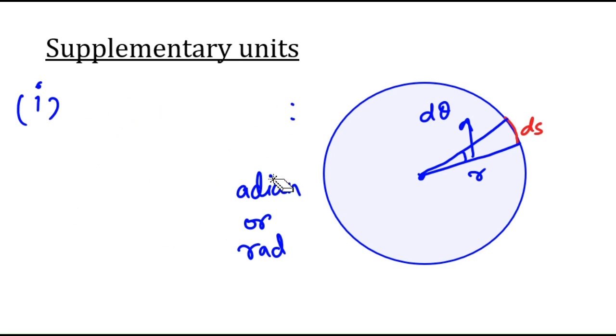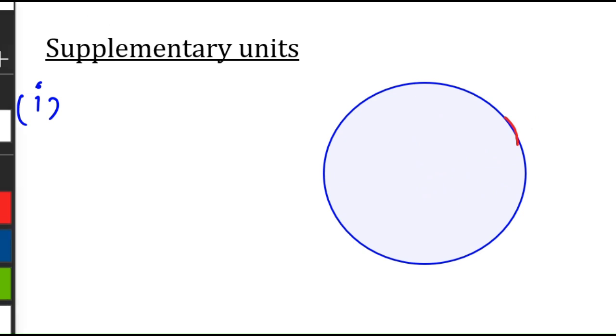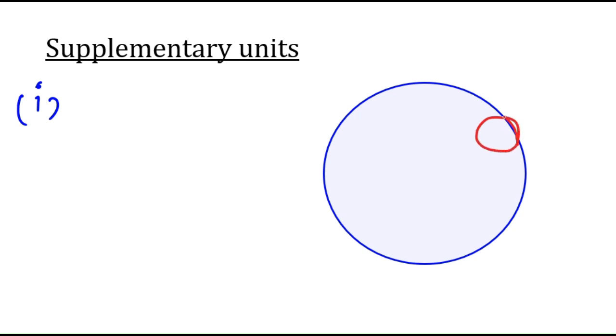In the same way, we have another supplementary unit which we call solid angle. For solid angle, let's consider this structure to be a sphere. We can take a small area on its surface, and the angle subtended by this area at the center, let's say this is the center, will be kind of conical. It is not a plane angle.